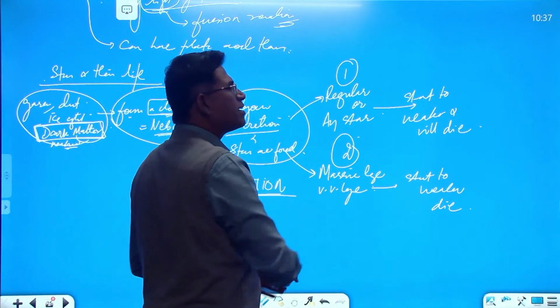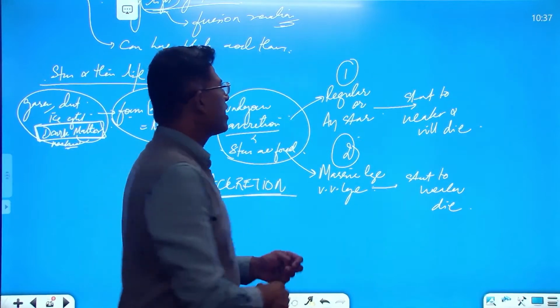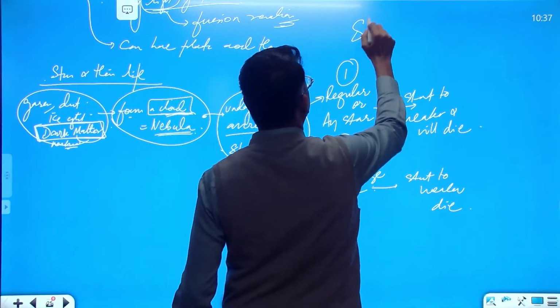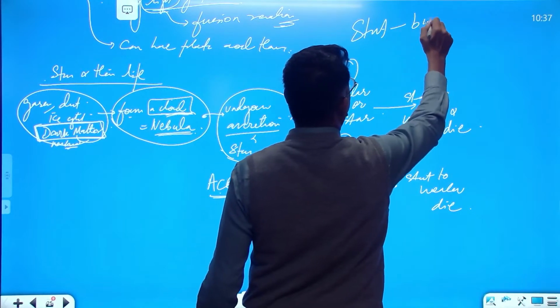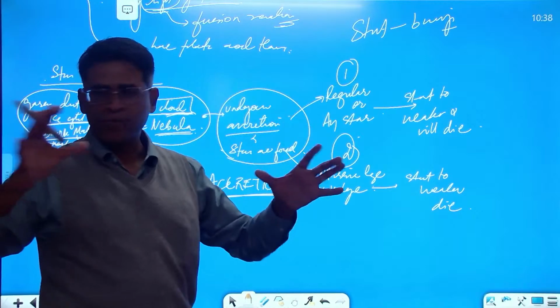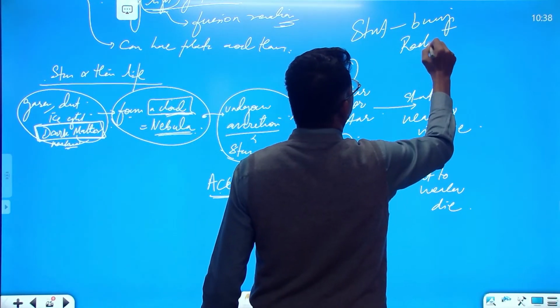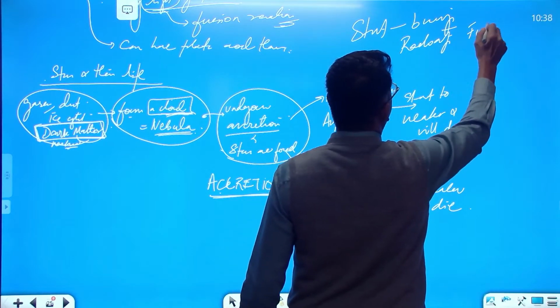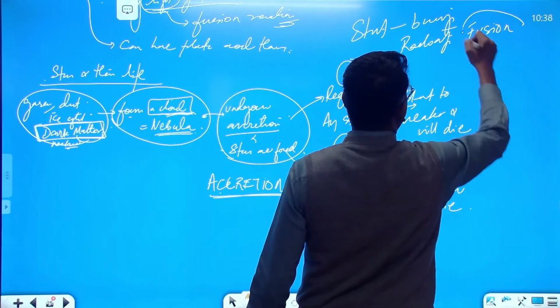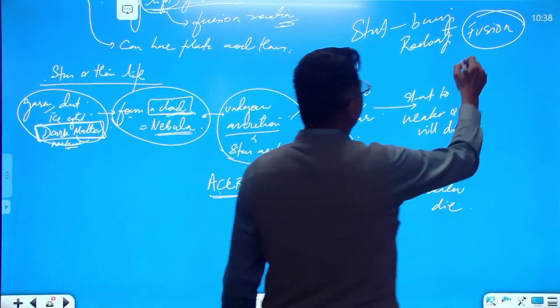In either case, ultimately a star will burn out. Because star क्या होता है? I said a star is essentially burning, and that's why it is bright and white. The Sun is burning. And why does it burn? Because of radioactivity, the most important being the fusion going on. For fusion, I need hydrogen.